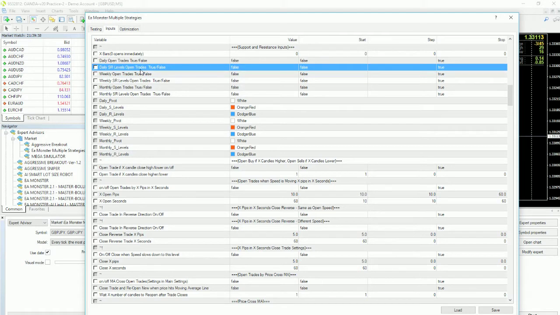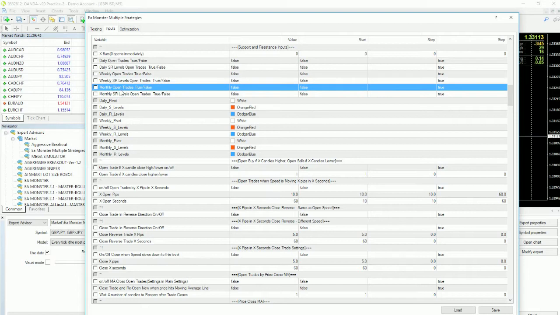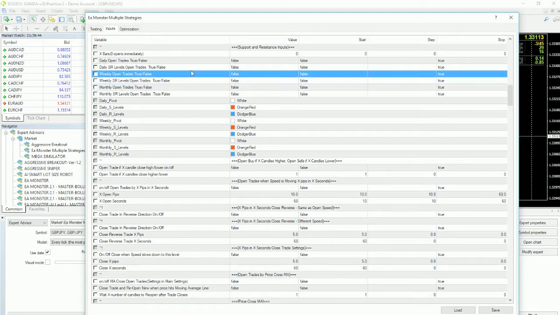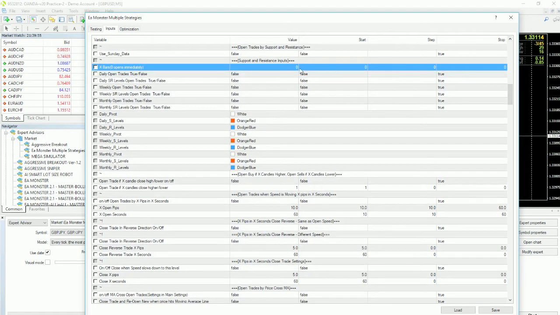You can open on daily pivots, support and resistance for dailies, weekly and SR, and monthly open pivots and SRs, and you can open when the price touches it. You set this X bars open: 0 opens immediately, so it'll automatically open a trade if it's crossing up, or a sell if crossing down. If you set this to 1, it'll wait for the candle to close.